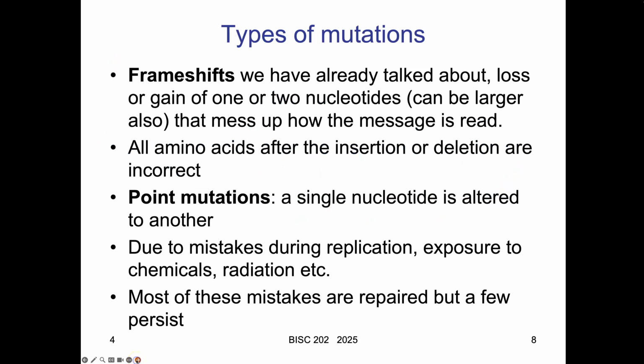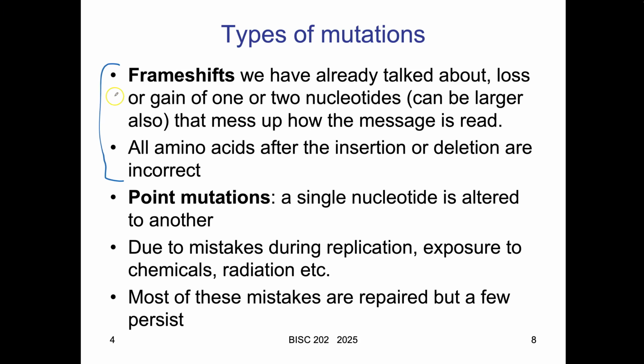Okay, so what types of mutations? We already talked a lot about frame shifts when we talked about the messing up of the reading frame, and the evidence that DNA was a triplet code read in threes. If you add 1 or 2 nucleotides, or delete 1 or 2 nucleotides, then you don't have the proper groups of 3 anymore.